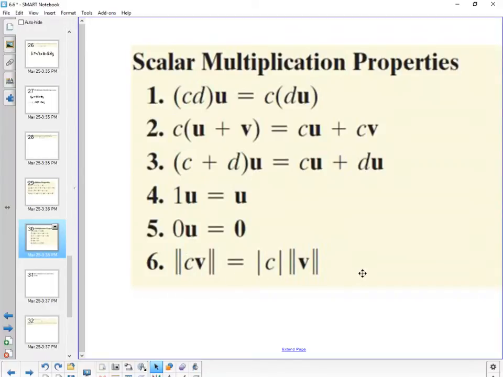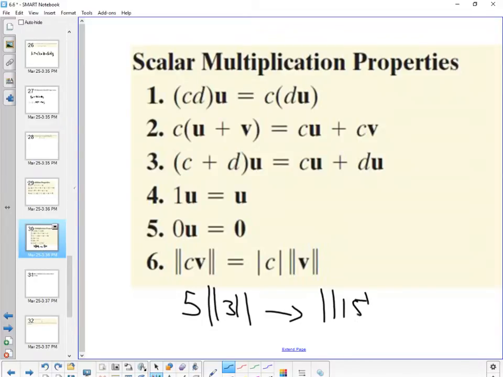And this is called, I don't think you guys know the name of this one. This is the magnitude property. The absolute value of c times v: if I have some magnitude and I multiply it by some coefficient, I make the magnitude bigger. So it's just c times the magnitude of v, and it has to be absolute. If I had a magnitude of 3 and I multiplied it by a scalar of 5, then that just becomes a magnitude of 15.